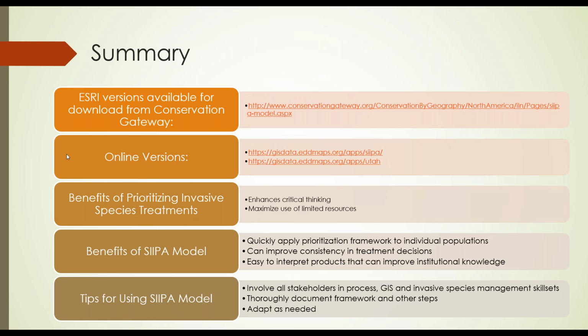So, summary: there are several different ways that you can access these tools, both the desktop and the online versions. But overall, prioritization is a must, as we can never get it all, and we want to do the best we can with the limited resources that we have. The SIPPA model can quickly apply your own framework to all known populations and helps you transform that management plan from a dusty folder on the shelf to an actual treatment plan without sucking up a lot of your time.